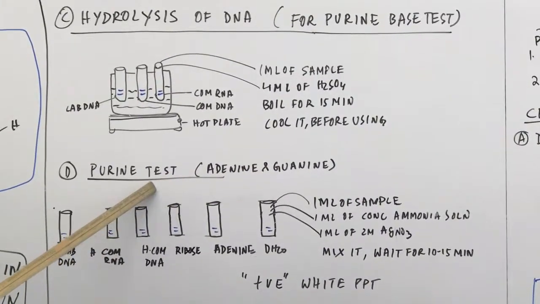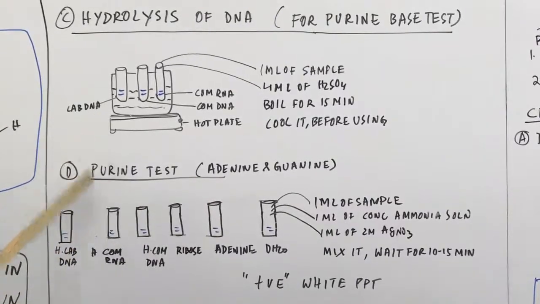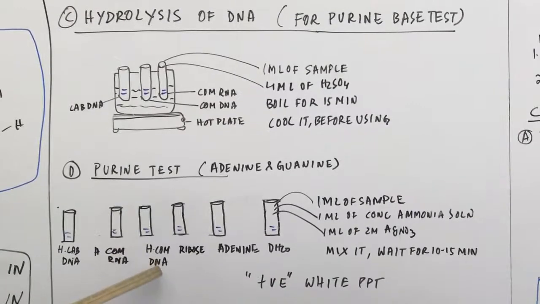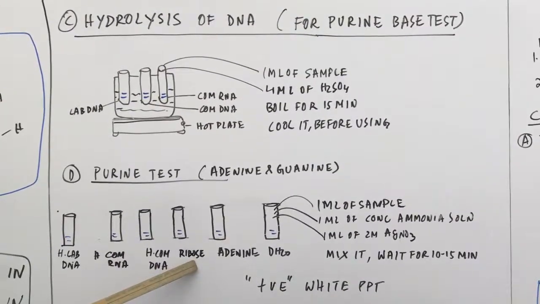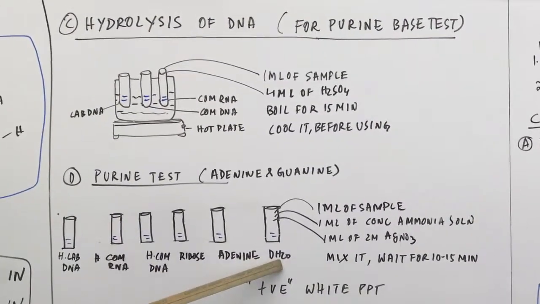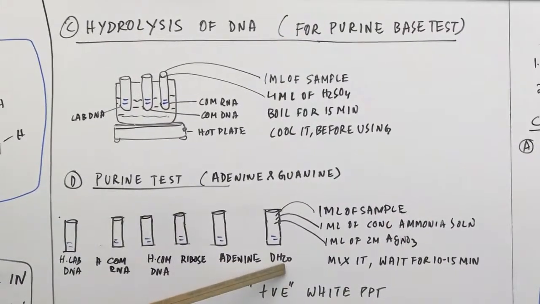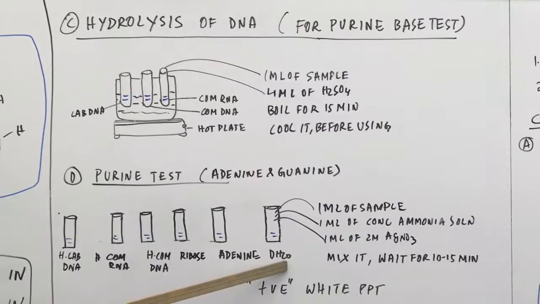For the purine based test, we will use hydrolyzed lab DNA, hydrolyzed commercial RNA, hydrolyzed commercial DNA, ribose, adenine, and distilled water. Adenine is the positive control and distilled water is the negative control.